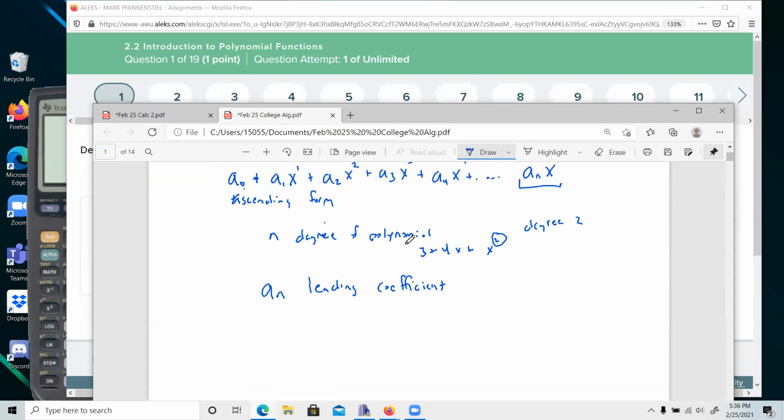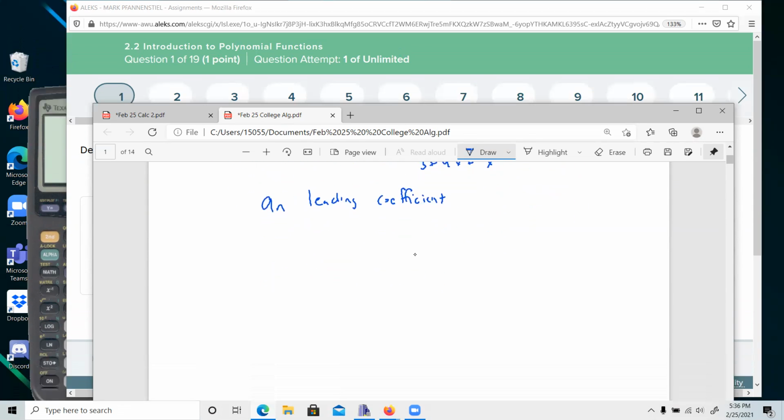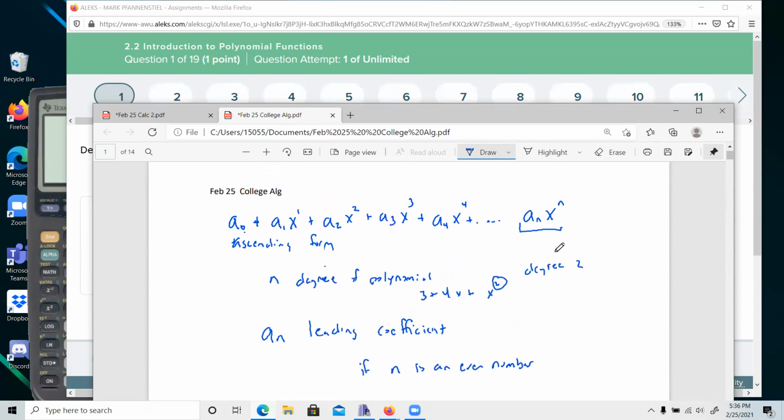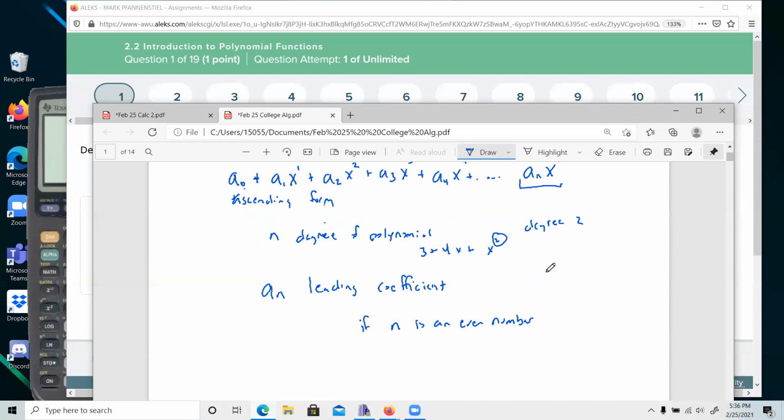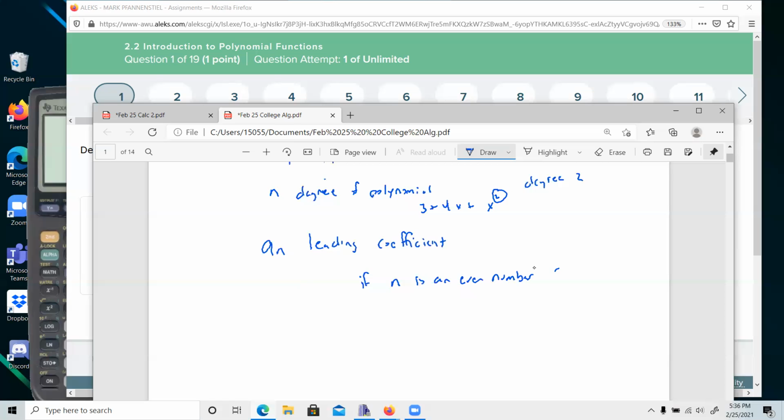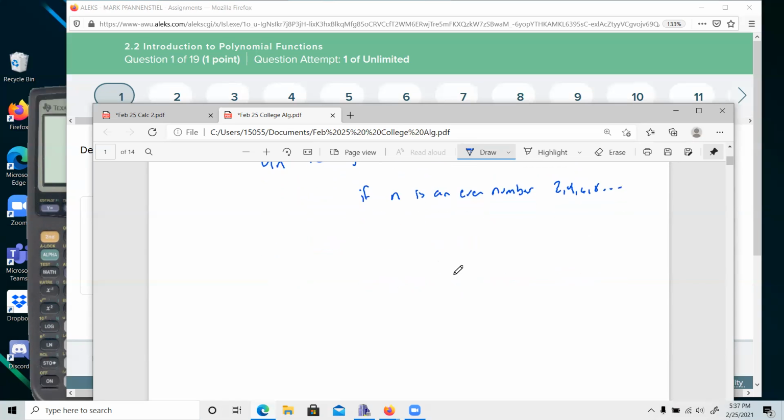All right. So we kind of break this down. We say, well, if n is an even number, right? So here we're talking about x squared, x to the 4th, x to the 6th, x to the 8th, etc. Okay. Then the behavior is going to look like this.